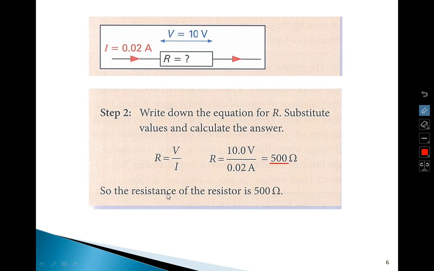So the resistance of this resistor is 500 ohm. Here we have a resistance whose value is unknown, we have the current, and we have the value of V, so we can find R. Sometimes we have R and I, and we can find V. Sometimes we have R and V, and then we can find the value of I.